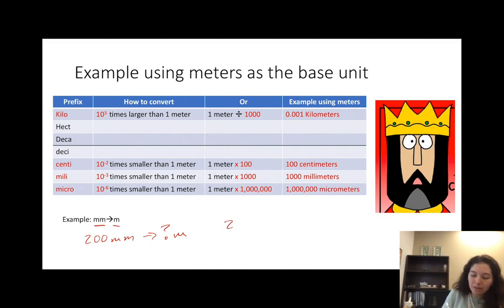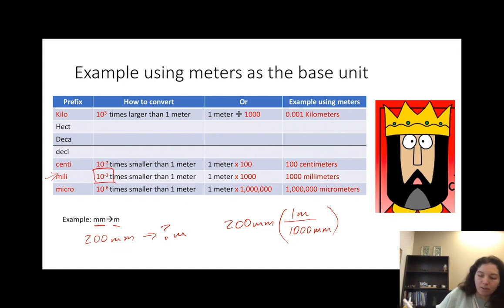So if we have 200 millimeters, and we know, according to our table up here, that for every 1 meter, there are 1,000 millimeters. So it's 1 times 10 to the third. So remember, 1 over 1,000 is equal to 1 over 10 times 10 times 10, which is equal to 10 to the minus third. That's where that value comes from.